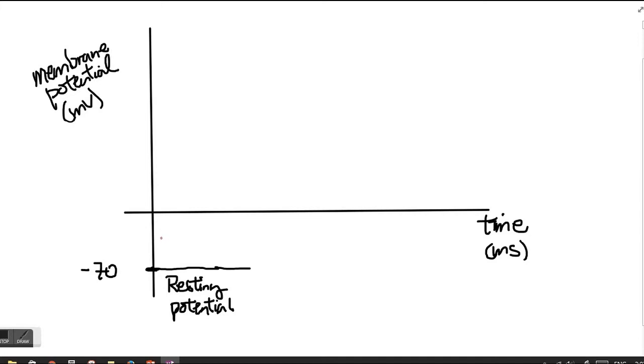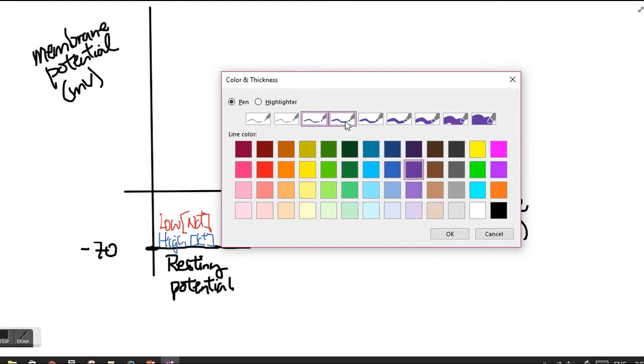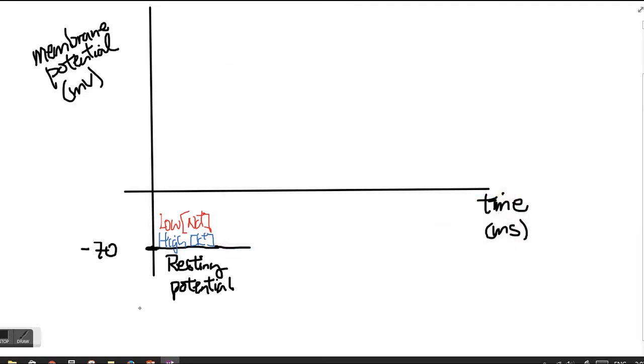At this point, we are going to have low sodium on the inside of the cell, and we will have high potassium on the inside of the cell. And this resting potential is created and maintained by the sodium-potassium pump.